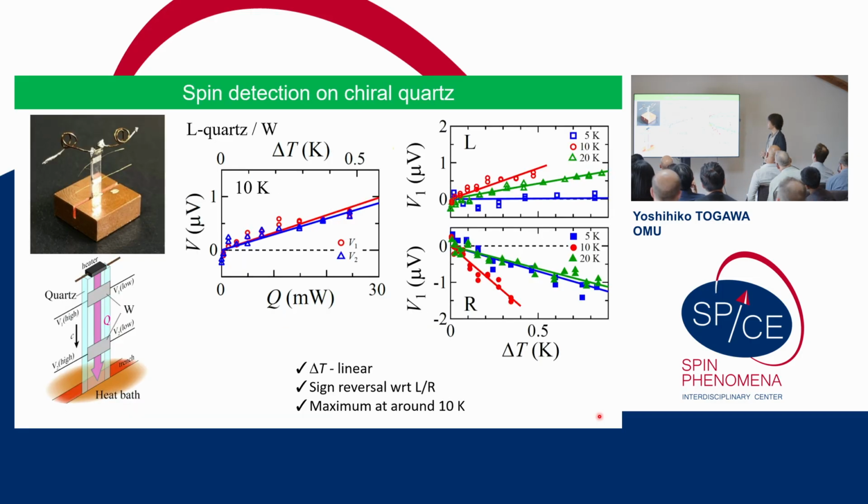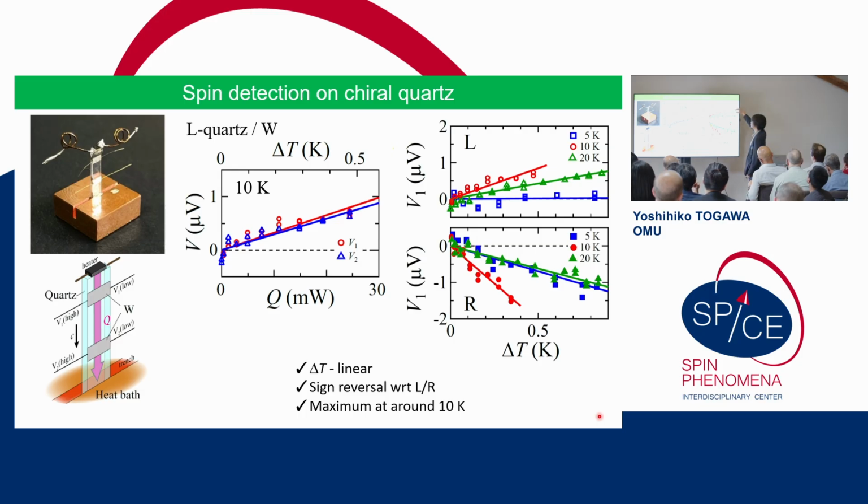Okay, then this is the data. Here you can see the data as a function of the power or the temperature difference. We could have a signal in both electrodes. If we change the handedness of quartz from left to right, the sign of the signal becomes opposite.